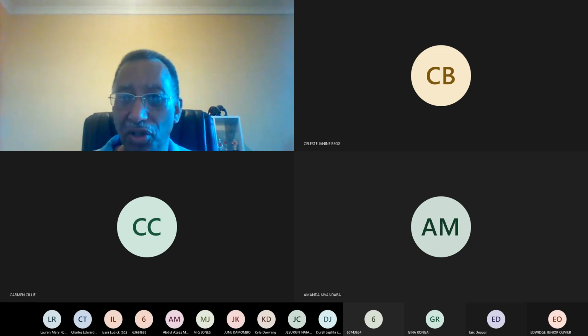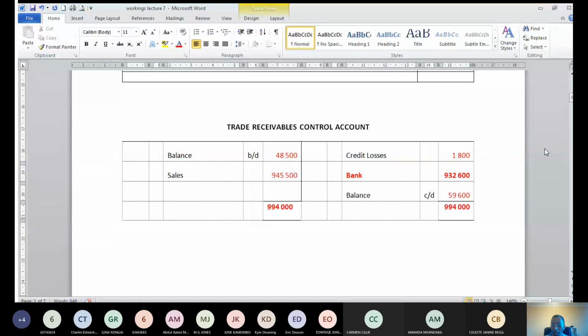Right, we are back onto the exercise, the activity that I'm busy with you now under your workings. The cash receipts from customers consist mainly of cash from your trade receivables.